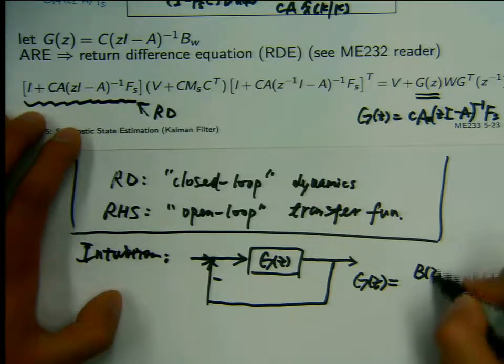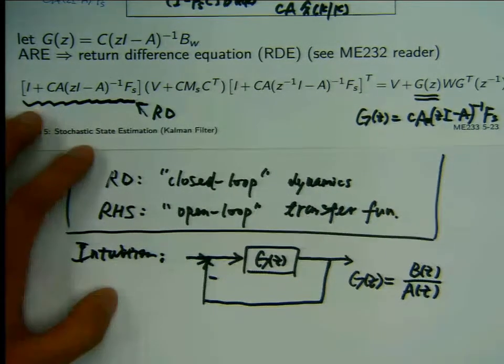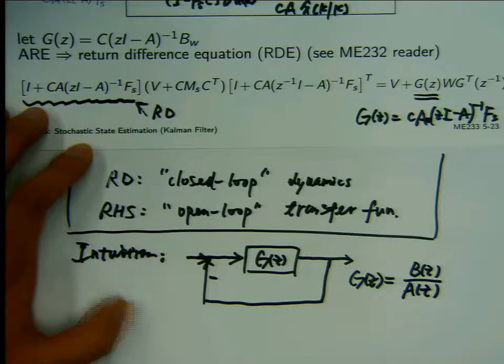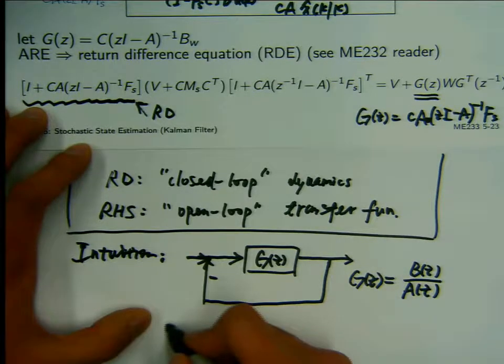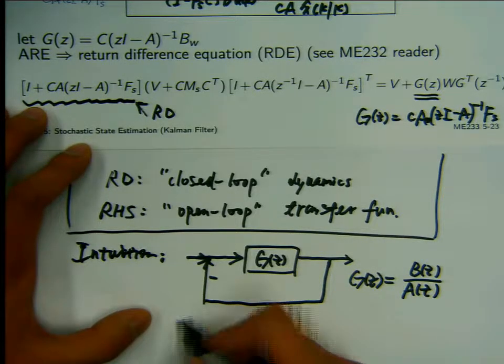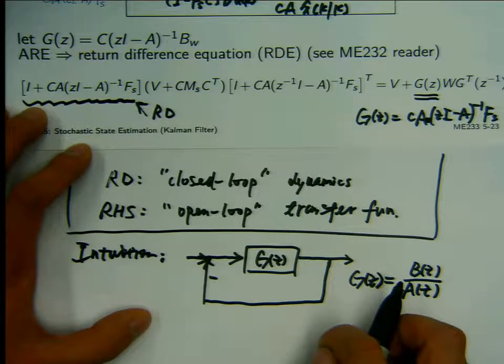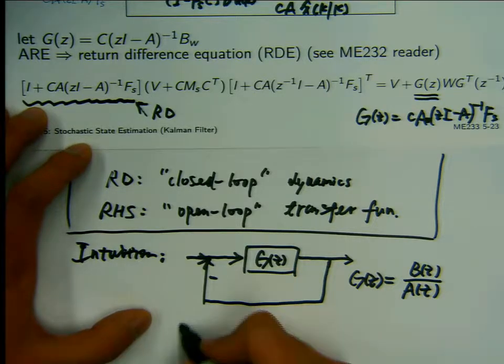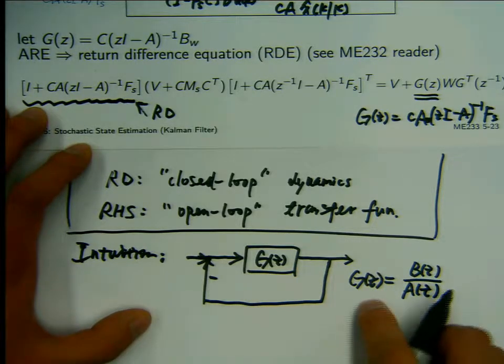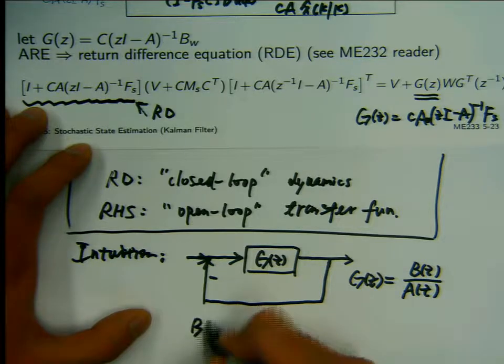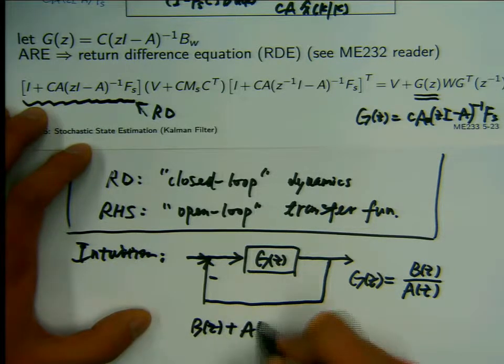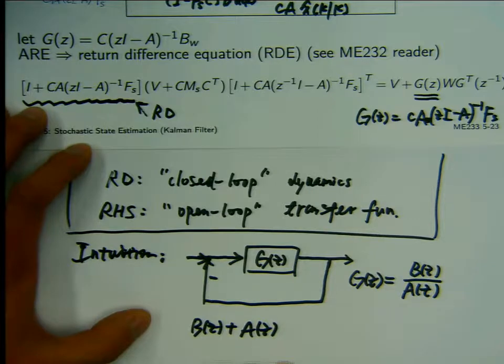Let's say B(z), A(z). So what do you think the closed loop dynamics are? What determines the closed loop poles in this feedback loop? 1 plus G(z), right? So the closed loop poles are determined by B(z) plus A(z), this closed loop characteristic polynomial.